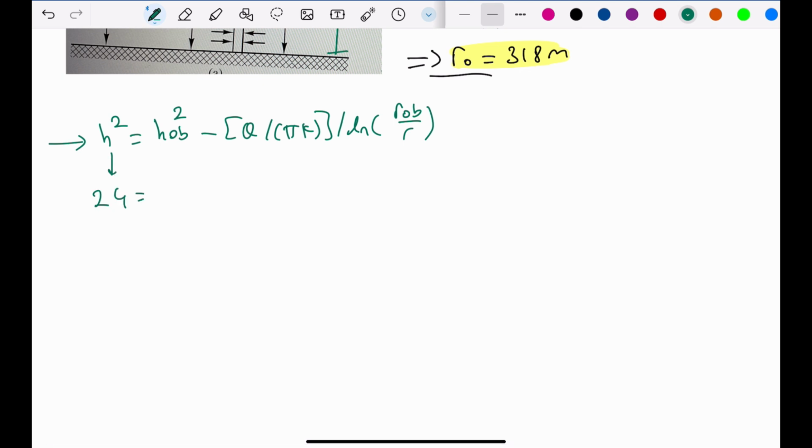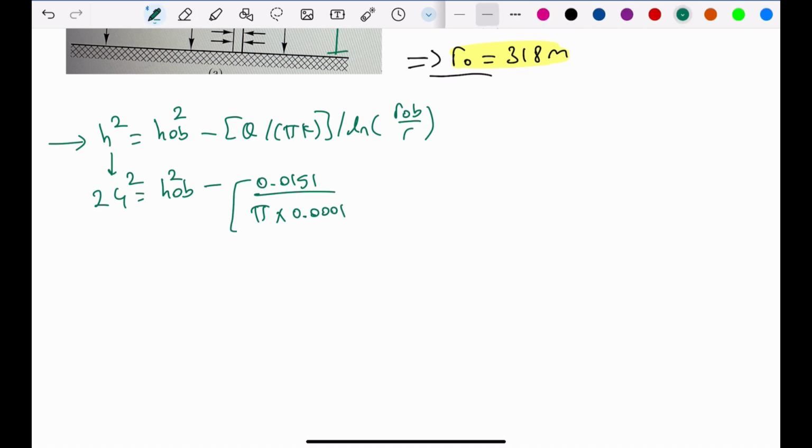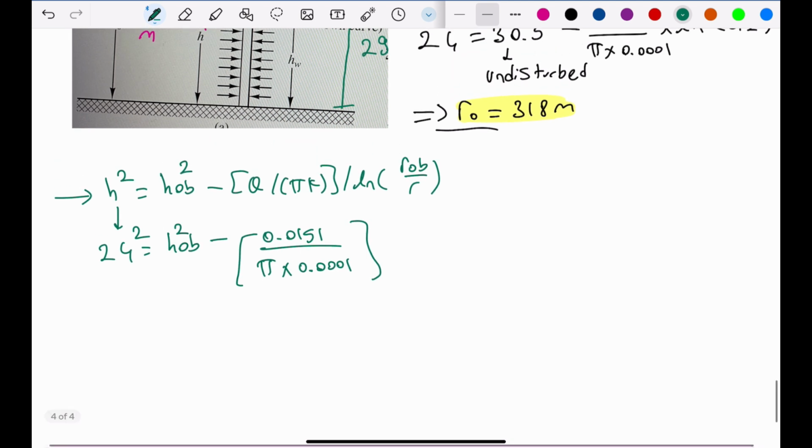So we have 24 minus 0.0151 over pi, we have K as 0.0001, and then radius of influence.